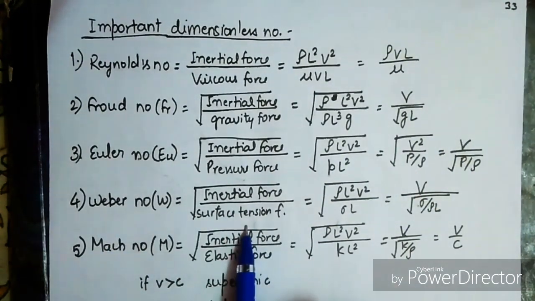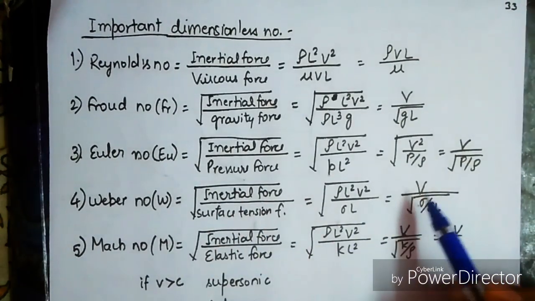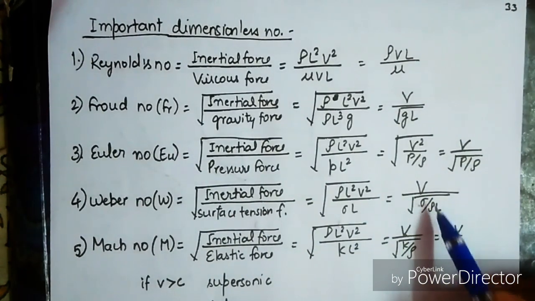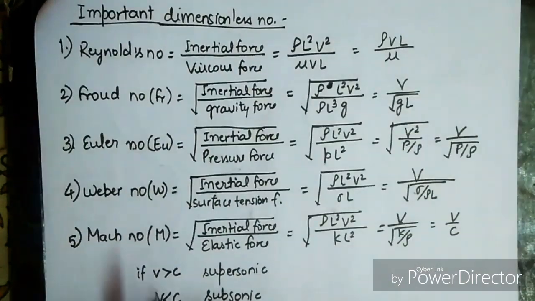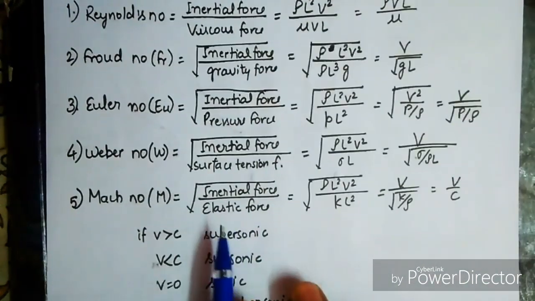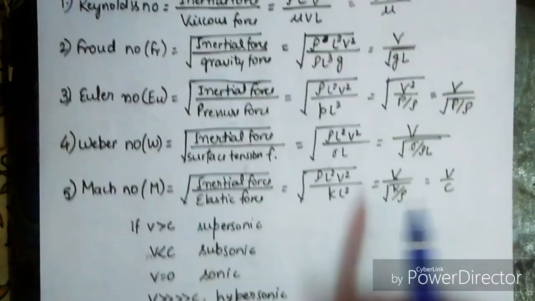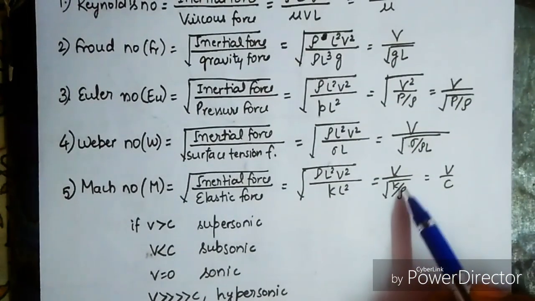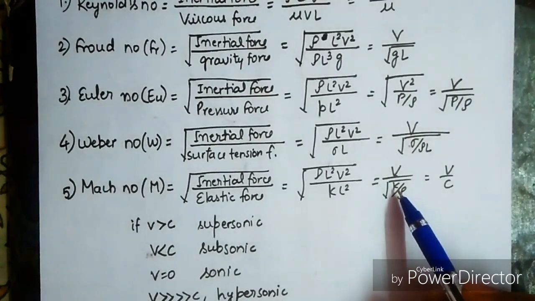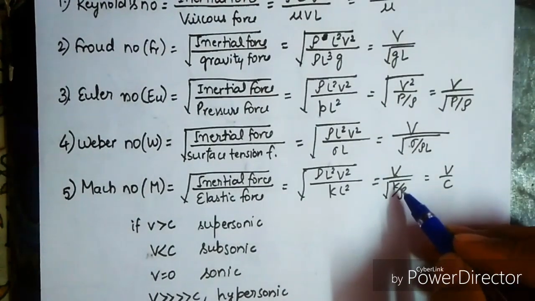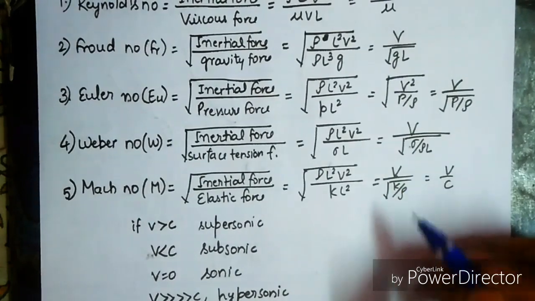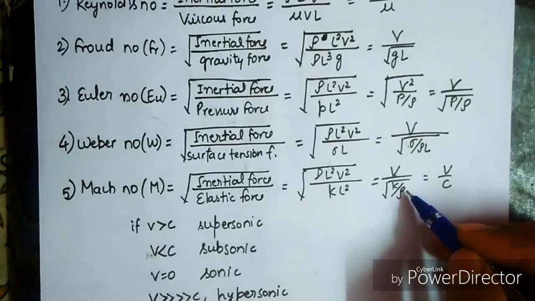Weber number is the square root of inertial force upon surface tension, giving V upon square root of sigma upon rho L, where sigma is the surface tension. Mach number is the square root of inertial force upon elastic force, or compression force, with the formula V upon square root of K by rho, where K is the compressibility, that is the bulk modulus of elasticity, and rho is the density.